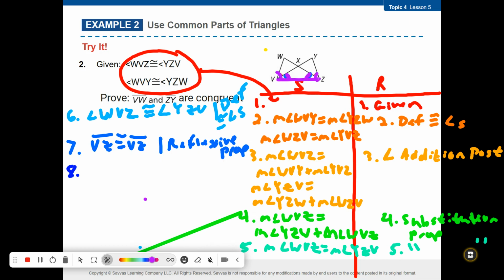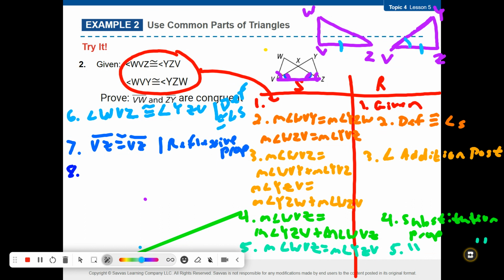So if I split this up, again, which is another option for you, just remember that. This is Z, Y, V, and I have this next triangle here, which is Z, V, W. And we just found out that this is congruent to this.